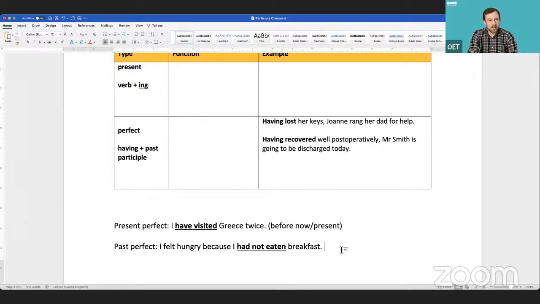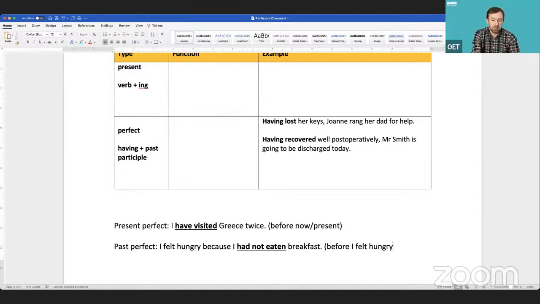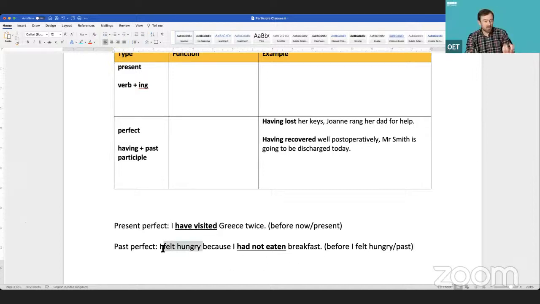It's a tricky one, isn't it? In the morning, it's before I felt hungry. Okay, which is also the past, isn't it? Yes. So remember, I established the past, and then I talked about what happened before it, or in this case, what didn't happen before it.